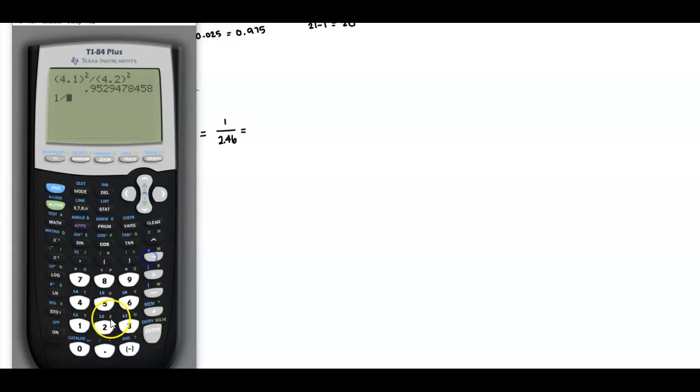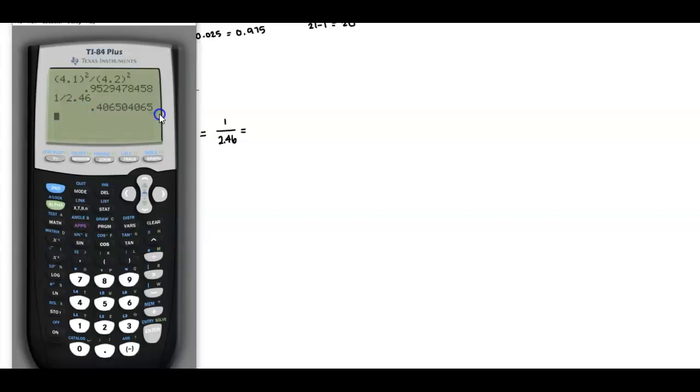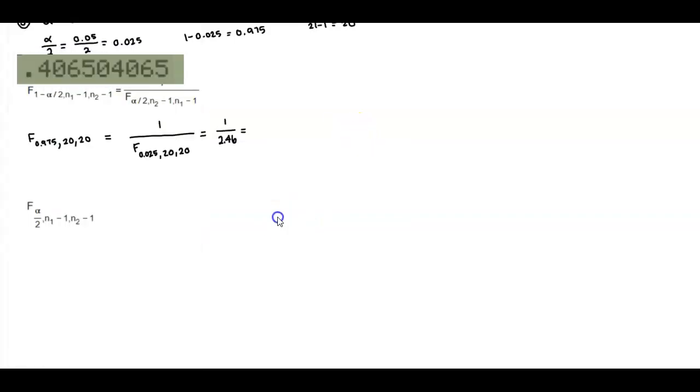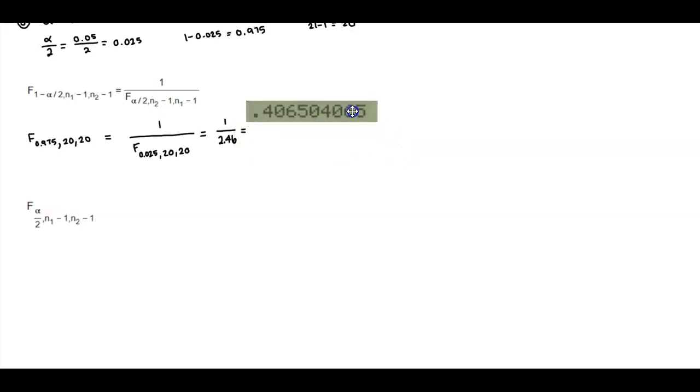So 1 divided by 2.46 gives us the following. We're going to round this number to 2 decimal places, and rounding that gives us 0.41.